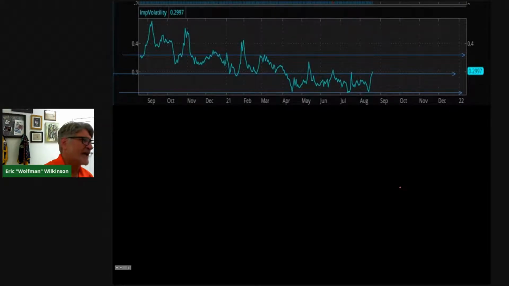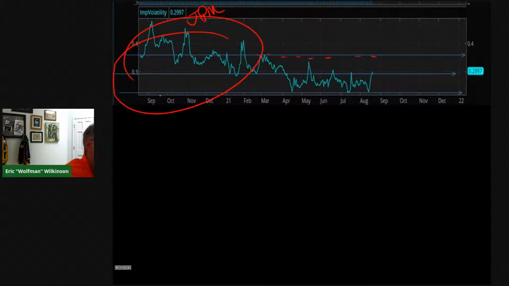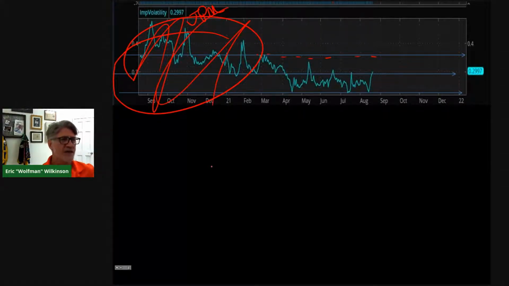In our case, we're looking at JP Morgan here. And we could see that if we draw a line, I like to discount everything that happened last year. I don't think that we're going to really see that kind of volatility going forward. Baba's a little bit of a different story there. But we can see that basically the last 6 months is what I'm going to be looking at for my support and resistances.